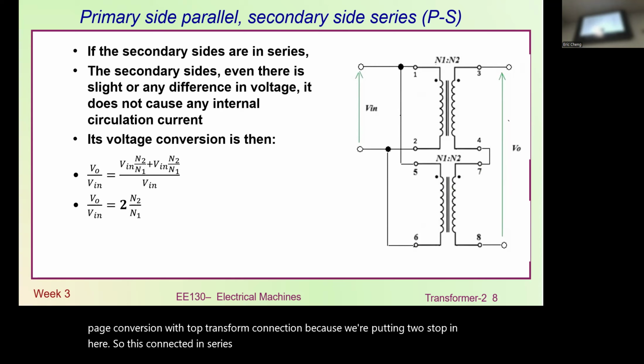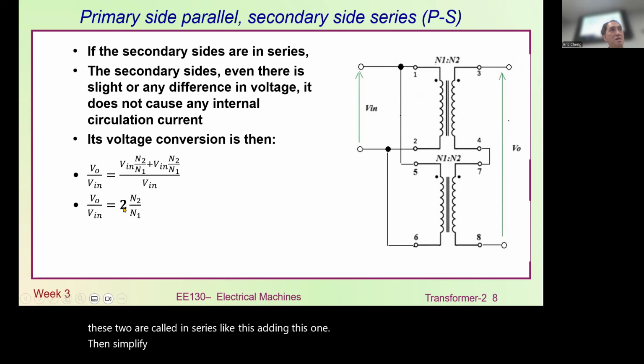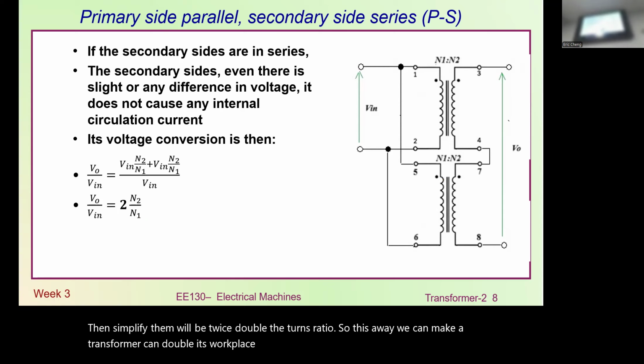We don't try to short circuit in the secondary side. So these two are connected in series, adding this one. Simplified, it will be double the turns ratio. So this way, we can make a transformer double its voltage conversion without circulating current, because even though the two transformers are not identical, they can still do a good job.